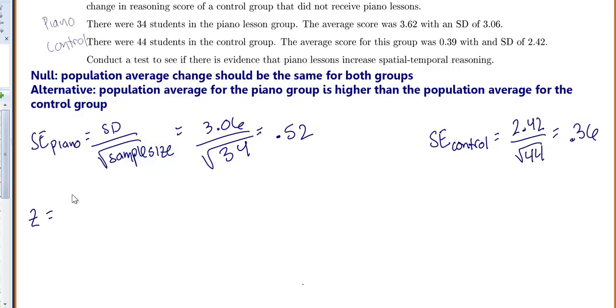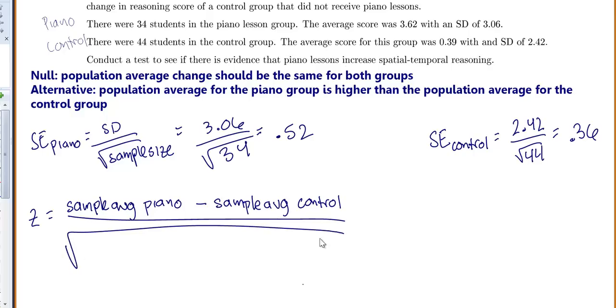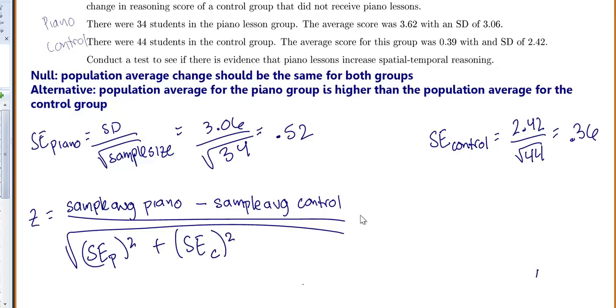Now Z, our test statistic, is going to be the sample average for piano, since I'm doing piano first in all of this, minus the sample average for the control, over the square root of the standard error for piano squared plus the standard error for the control group squared.